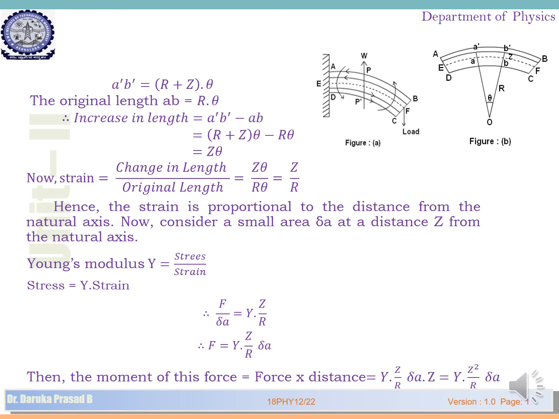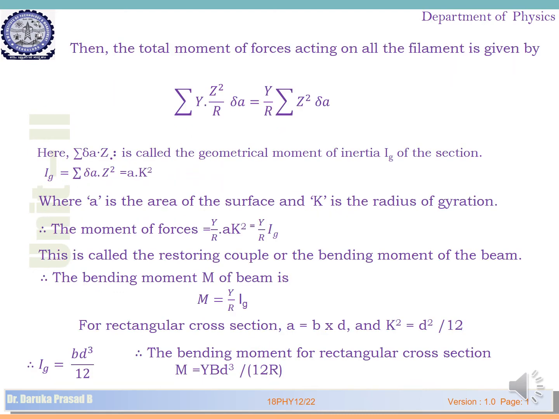To determine the moment, the definition of moment of force says that it is the force into the perpendicular distance to the plane. Hence, force is Y into Z by R into delta A, and the perpendicular distance is Z. So the moment of this force is Y into Z square delta A by capital R. To determine the total moment of the force acting on all the filaments in that plane, you need to take the summation.